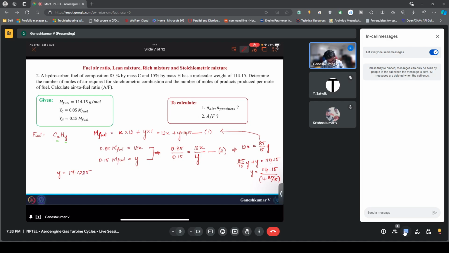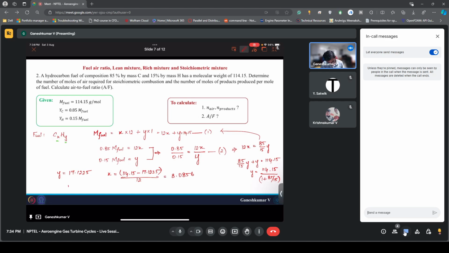Okay, and then let's say we substitute it in the first equation. That becomes x is equal to 114.15 minus 17.1225 divided by 12, which would be, how much would this be? It comes around 8.0856, something like this.